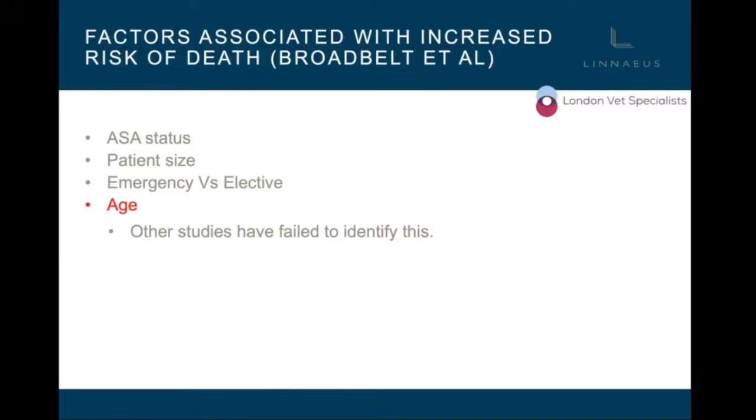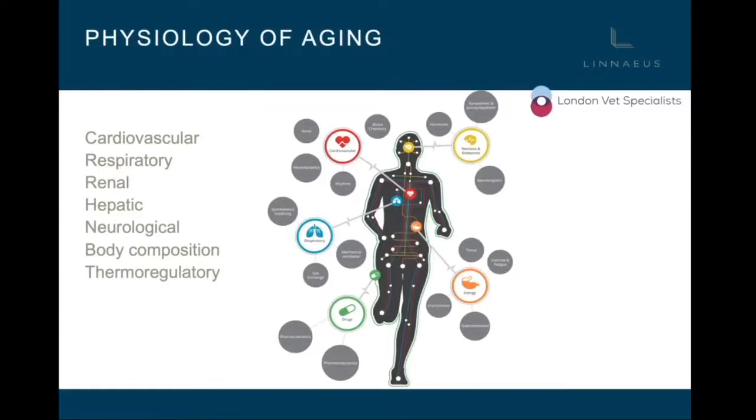Other studies have not identified this as a risk factor, but that's likely due to differences in the methodology used by the authors of those papers. So it seems that there may be some increase in risk to the patient.